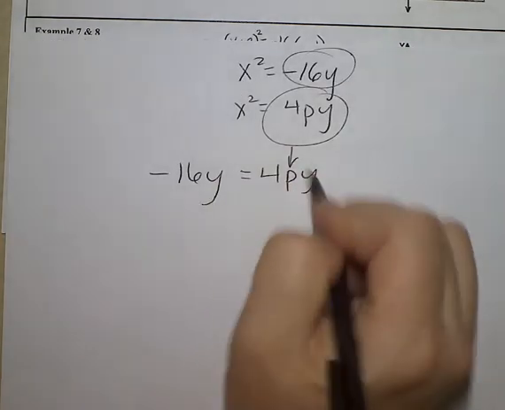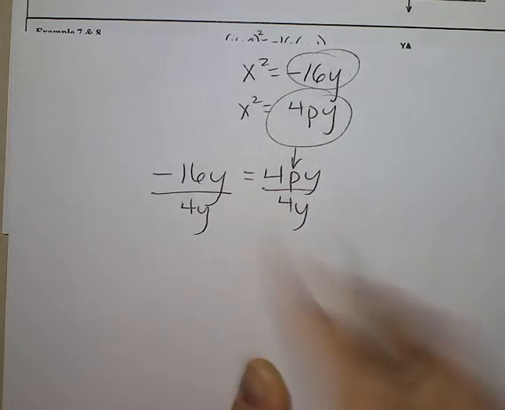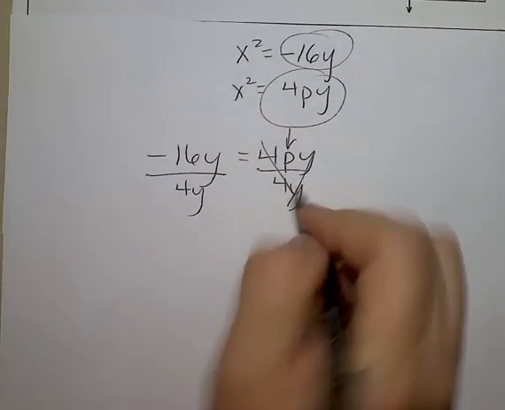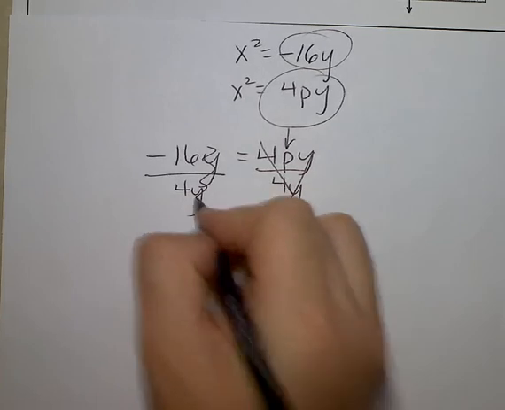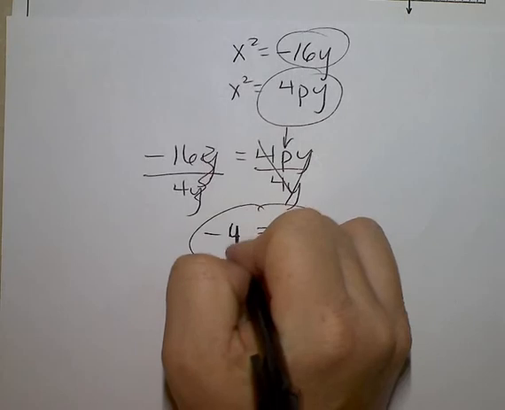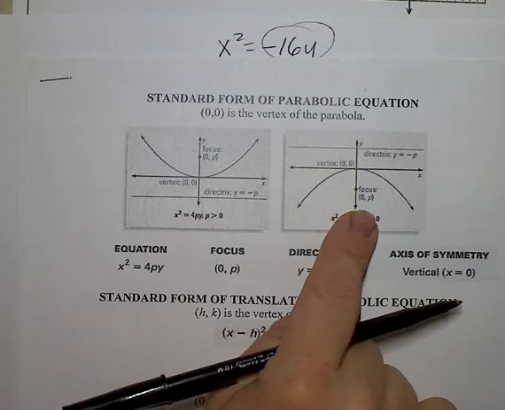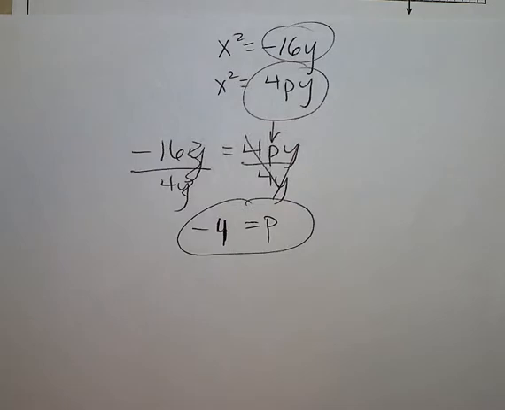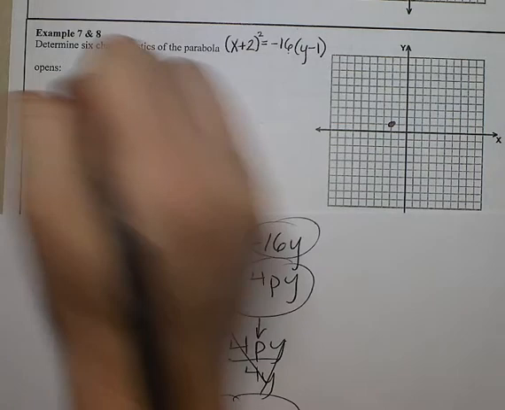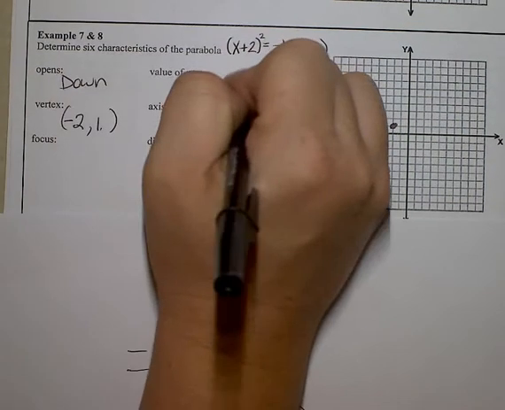And now solve for p. So p is negative. Will our parabola open up or will our parabola open down? Parabola opens down. So I'm going to come back up here. Parabola opens down. And p is equal to negative 4.